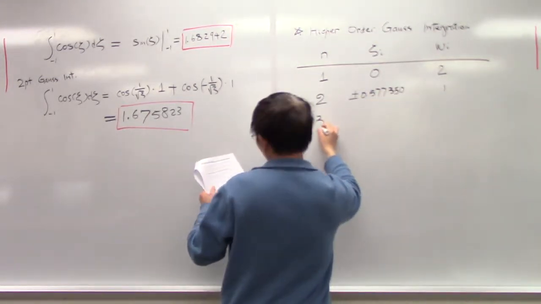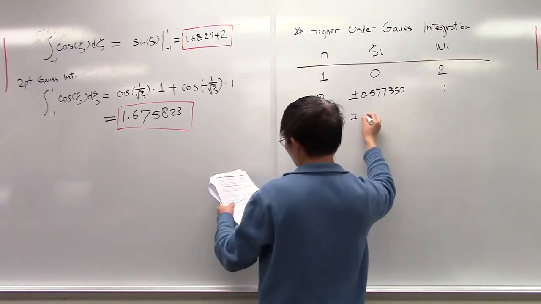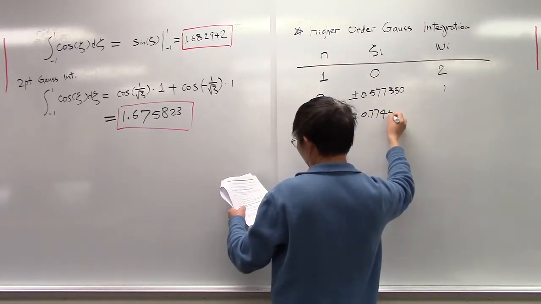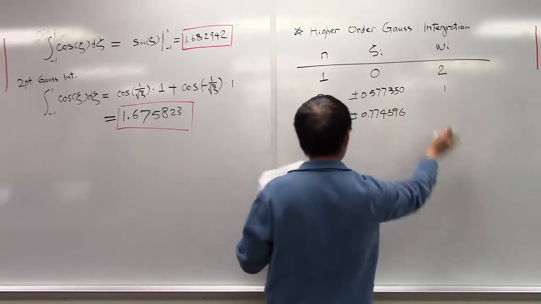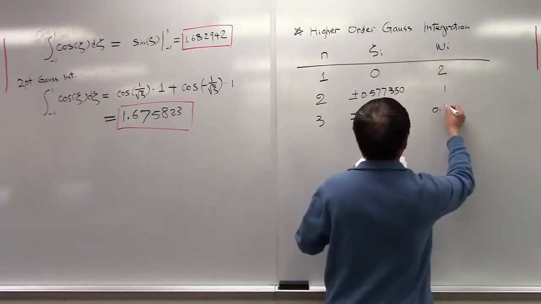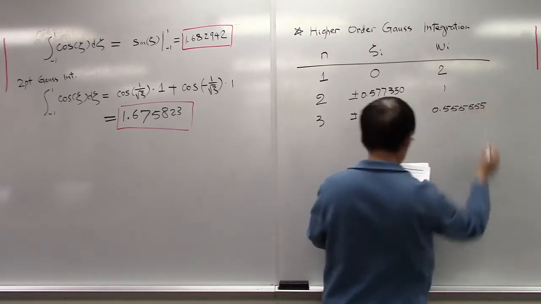Okay, if you use 3-point integration, it is plus or minus 0.774596, and then some more digits. And the weight is 0.555555.